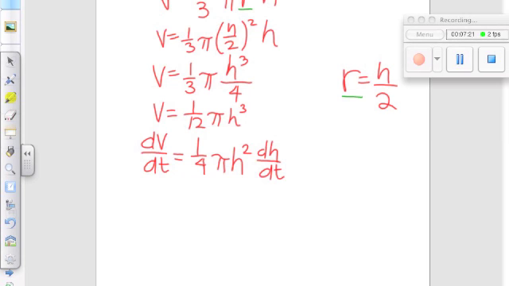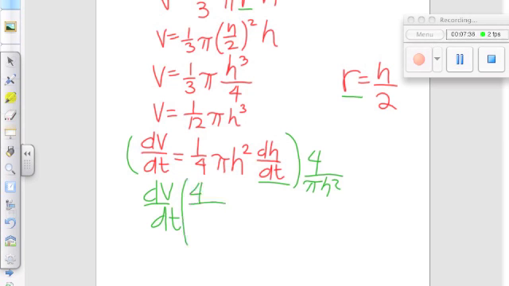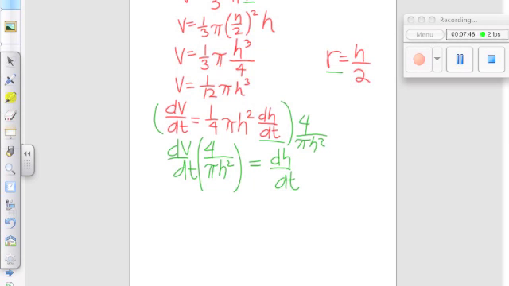I'm actually going to do some algebra to get this by itself. So I have to multiply dV/dt by 4, but divide by pi h squared. So 4 dV/dt over pi h squared is equal to my dh/dt. I plug that information in.